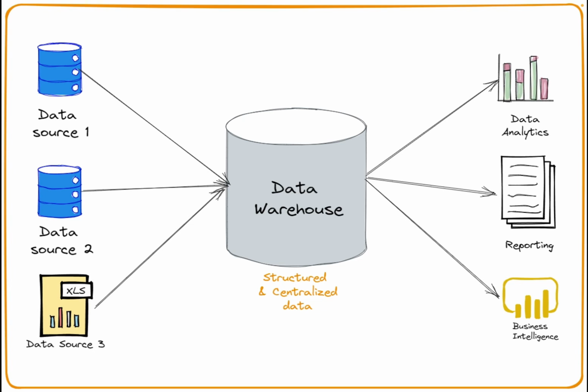So how does data warehousing work? Data from various systems is extracted, and we know that not every data will be in the same format. So we format the data, we clean the data, and we transform the data into our required format, and then we load it into our data warehouse.